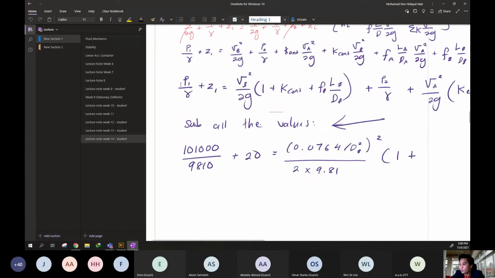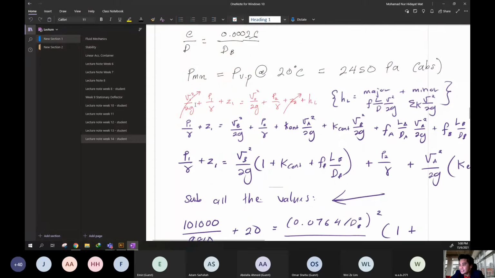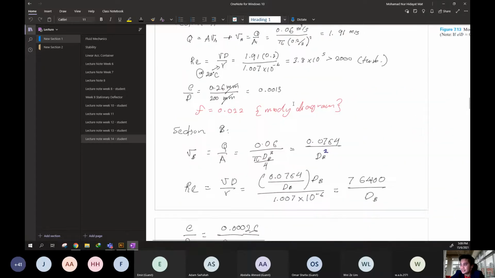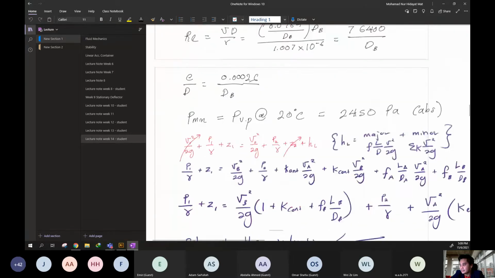The pressure 1 over gamma, this is the energy equation: V1 squared over 2g plus P1 over gamma plus Z1 equals V2 squared over 2g plus P2 over gamma plus Z2 plus head loss. You cancel Z2 because it is at the datum point, so it is 0.